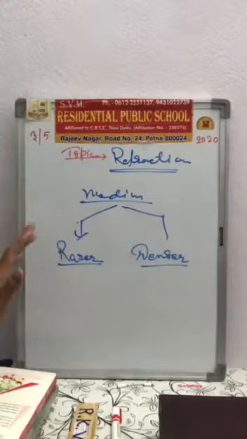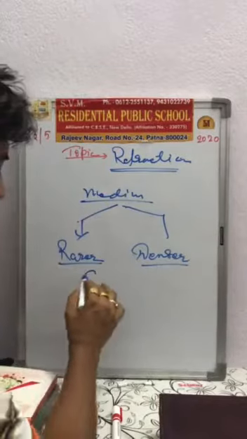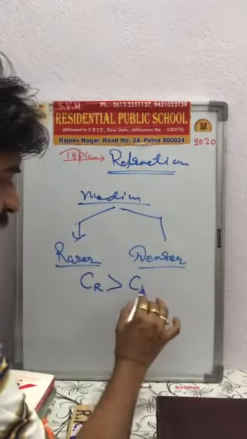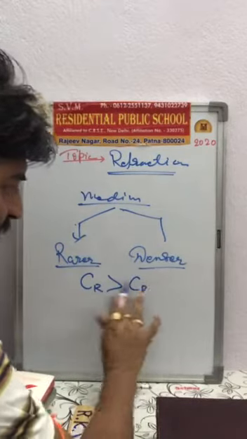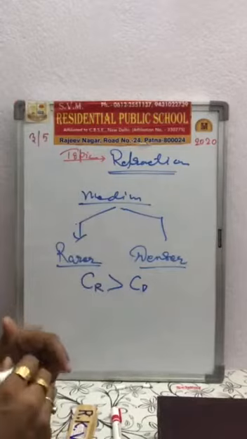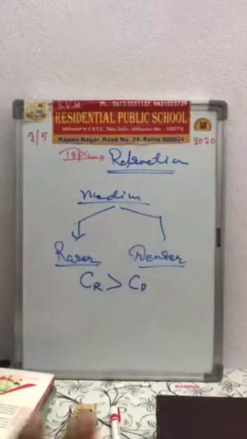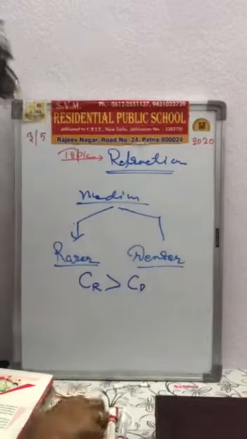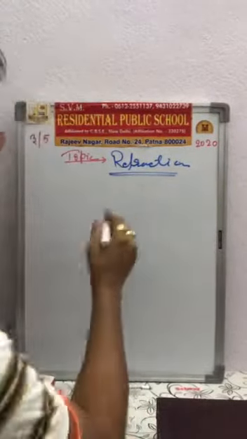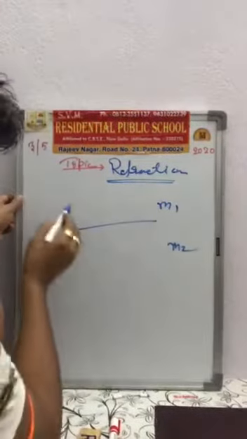So media are divided into two groups: where the speed of light is greater with respect to the other medium, it is called rarer, and where the speed of light is lesser, it is known as denser. Clear?